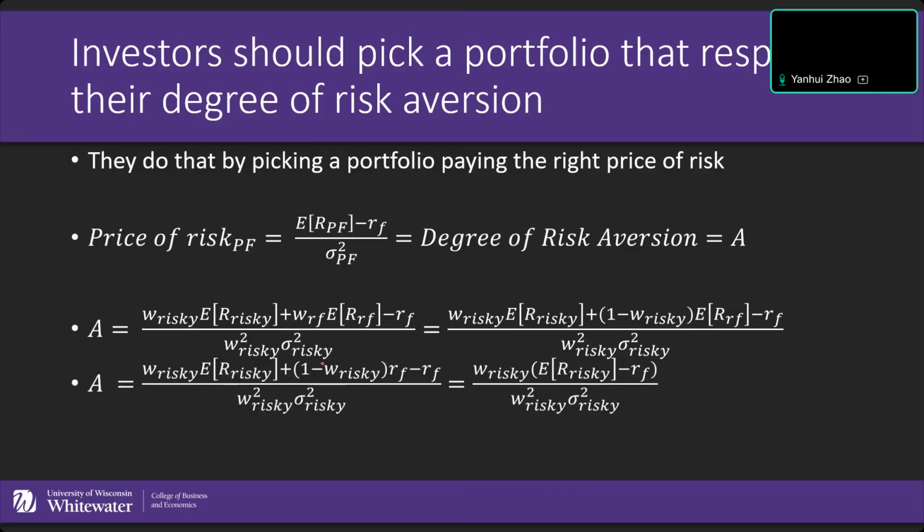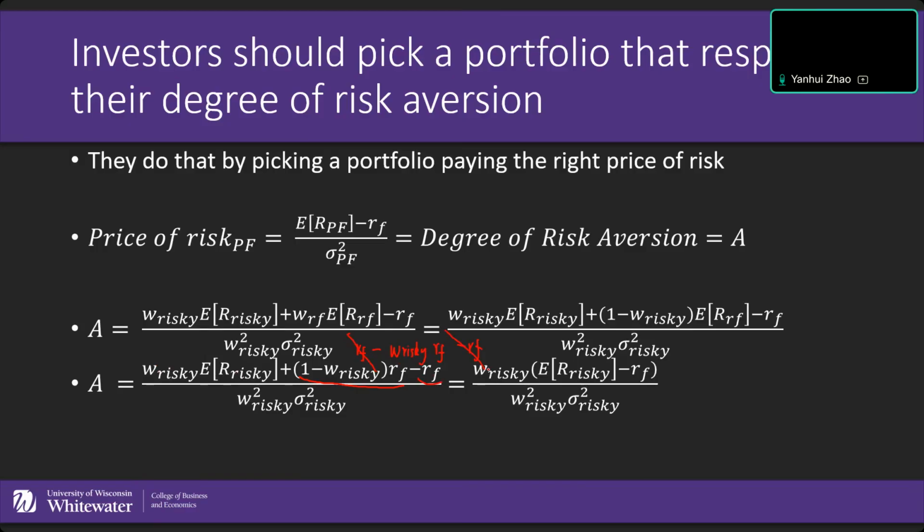The only thing left. So we can write this second term as RF minus weight risky times RF, then minus RF, that's the third term. This will cancel. What is left is weight risky times expected return of risky, minus weight risky times the risk-free rate.